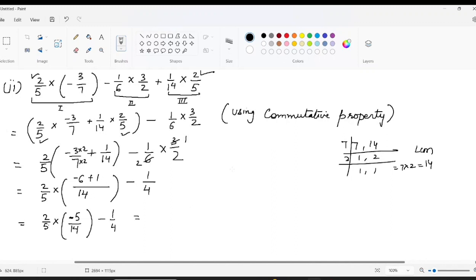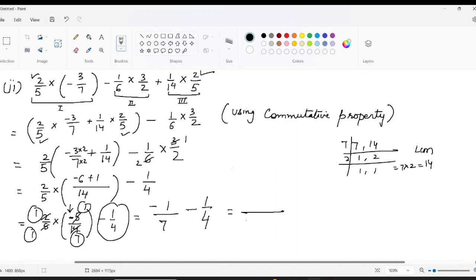Now this bracket will be opened since it is multiply, so we can cut: 5 ones are 5, 5 ones are 5, 2 ones are 2, 2 sevens are 14. So here in this part we are left with 1 multiplied by 1, that is 1 by, in the denominator, 1 multiplied by 7, that is 7, and here we had the negative sign, so we will write minus, and with this we already have minus, and it is 1 by 4.